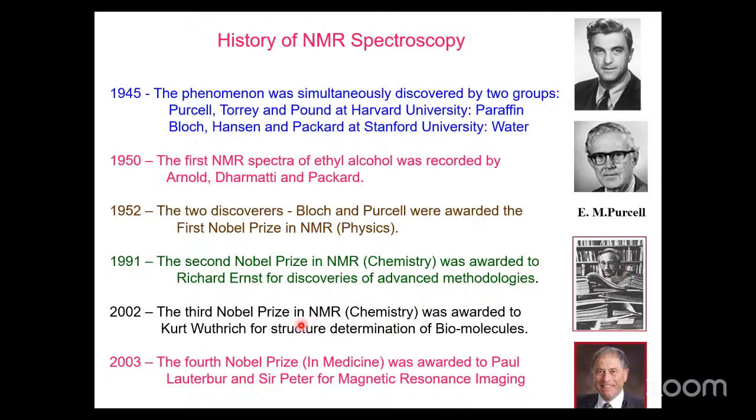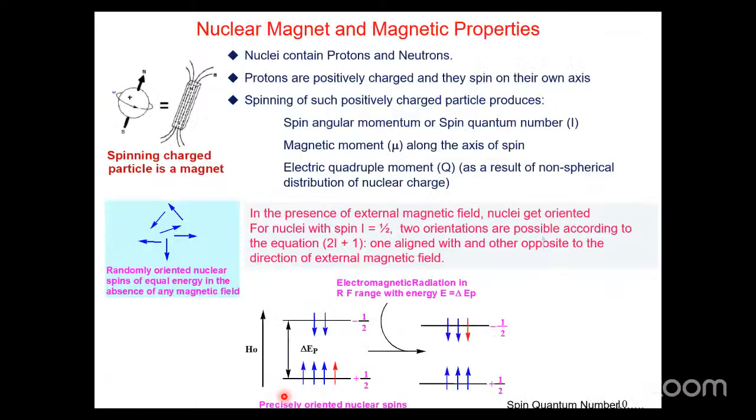In 2002, the third Nobel Prize in NMR was awarded to Kurt Wuthrich for the structure determination of protein and peptide molecules. And the fourth Nobel Prize, in medicine, was awarded to Paul Lauterbur and Sir Peter Mansfield for their invention of the MRI technique. So with this history, let us move towards the nuclear properties which we are utilizing in NMR.